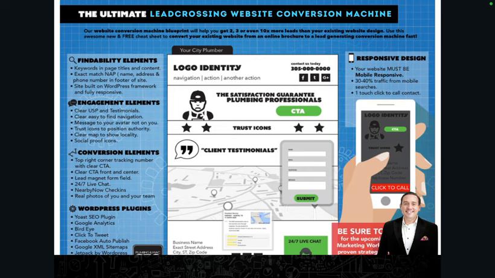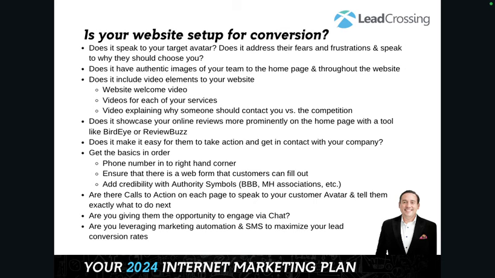So, you want to make sure that your logo is prominent, that it's easy to find a phone number, that your website's mobile responsive, that it's very clear who you are and what community they're looking at, that your name, address, and phone number match all the way across the internet, things like that. So when we talk about website for conversion, does it speak to your target? Does it address their fears and frustrations?